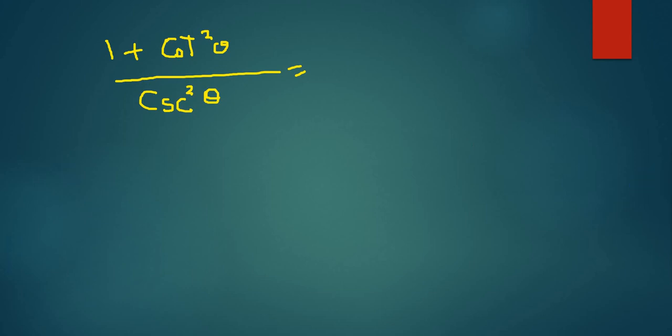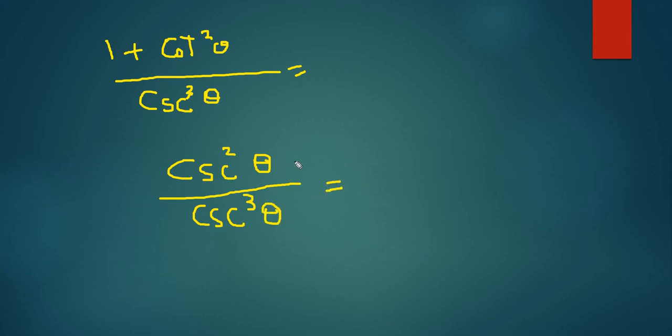To solve this example, we know 1 plus cotan power 2 theta gives me cosec power 2 theta, over cosec power 3 theta.